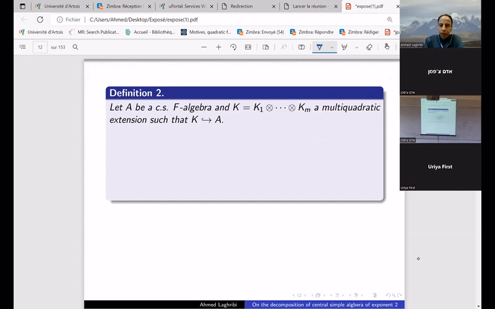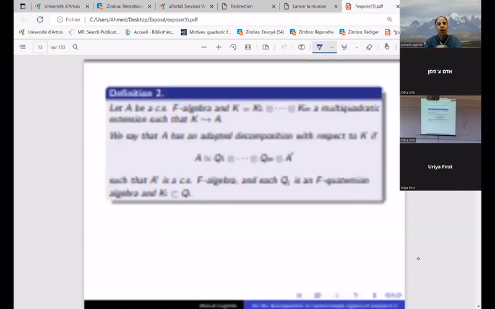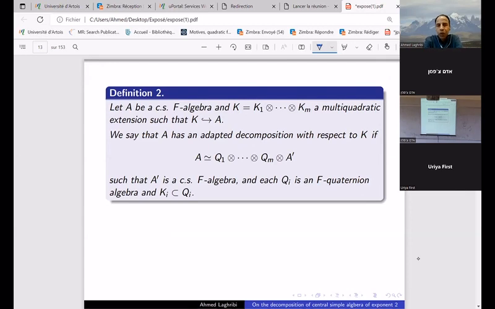We say that the algebra has an adapted decomposition with respect to K if our algebra can be written like this, up to isomorphism: a product of quaternion algebras Q1 through Qm, tensored with another central simple algebra A', such that the important thing is each Qi is an F-quaternion algebra, of course, and contains Ki. Okay, so if this situation happens, we say that our algebra has an adapted decomposition with respect to K.